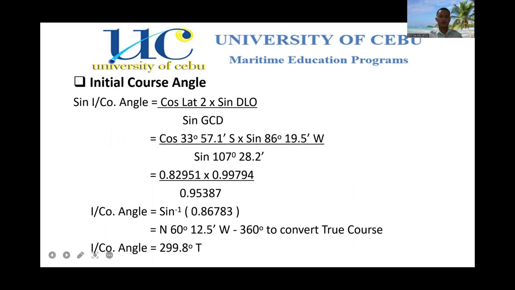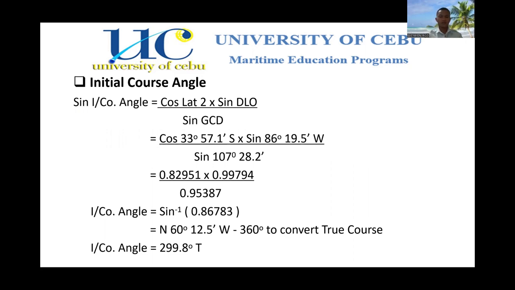So for the initial course, we have our formula. Sine initial course angle equals cosine latitude 2 times sine d long divided by sine great circle distance or GCD.